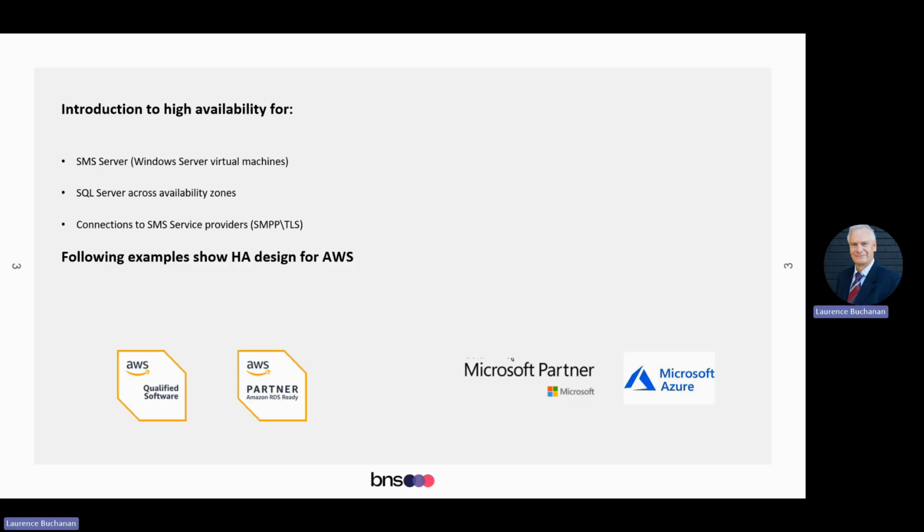When we talk about high availability, what are we talking about? We've got a Windows server. It runs inside a tenancy that belongs to you. It can run on Azure, AWS, it doesn't matter. SQL Server itself, in your own tenancy, may in fact run on VMware.